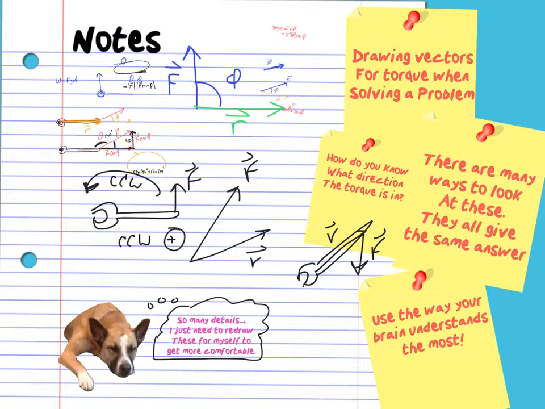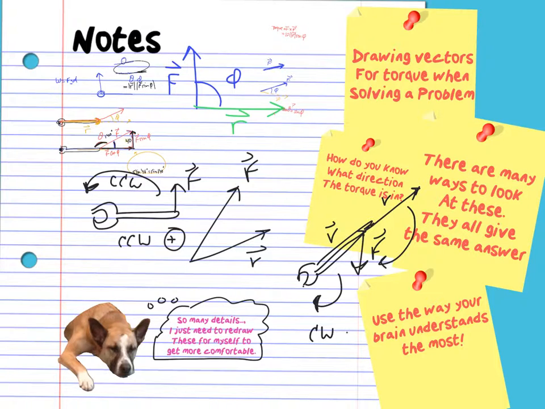So we would have R. Come on, work with me here. I could move my R like that. R cross F. So it would be turning the wrench in a clockwise direction. R cross F is clockwise.